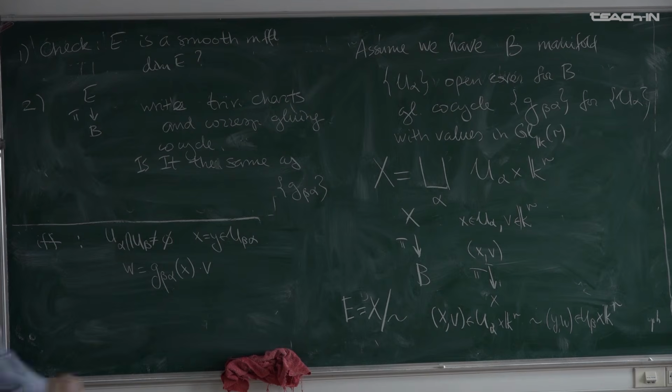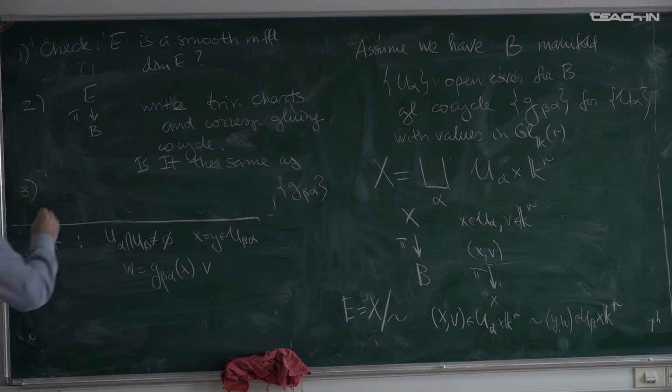So, exercise number 3 is as follows. Please tell me what is the simplest vector bundle in geometry. Not very simple, but what is the very simplest? Tangent bundle, yes.